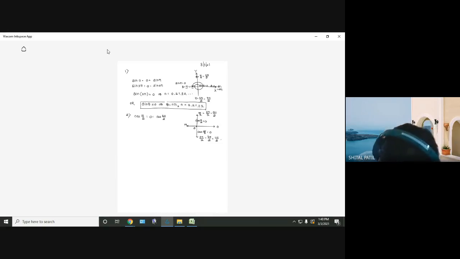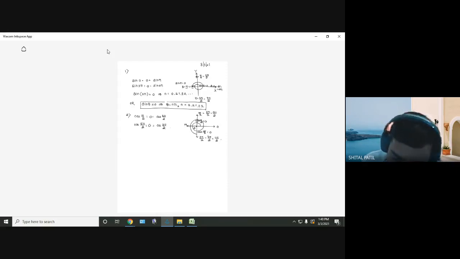Now suppose I move by pi, then I'll get 5 pi by 2. So cos of 5 pi by 2 equal to 0. Again, if I move by pi angle, I'll reach 7 pi by 2. So cos of 7 pi by 2 equal to 0, and so on.